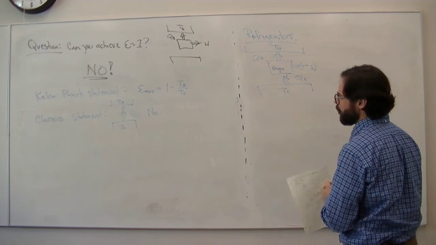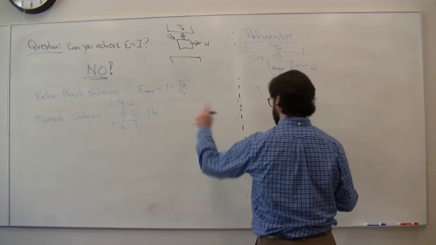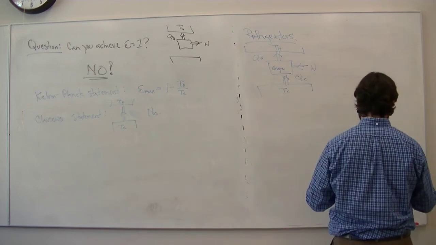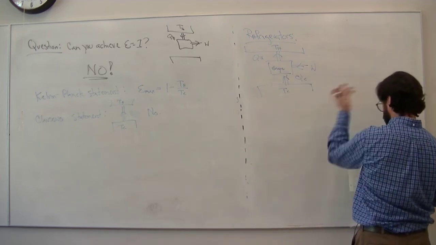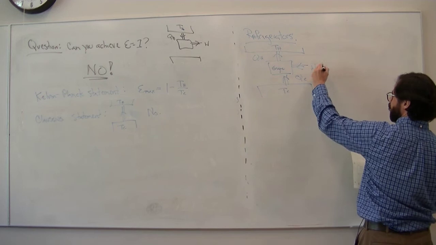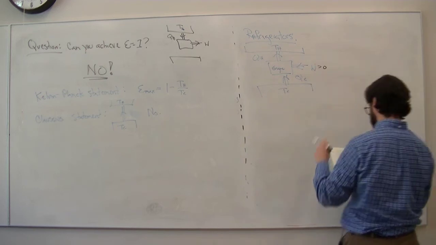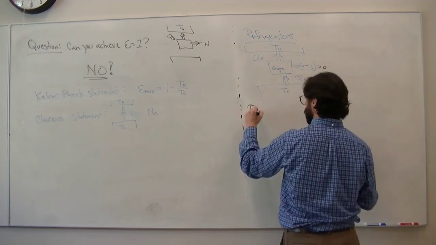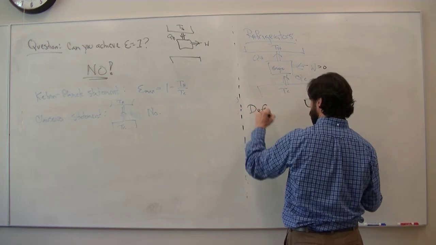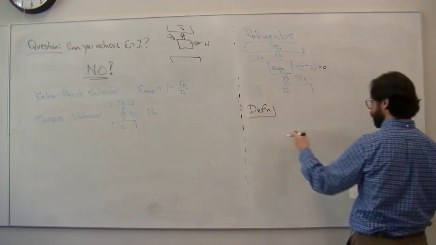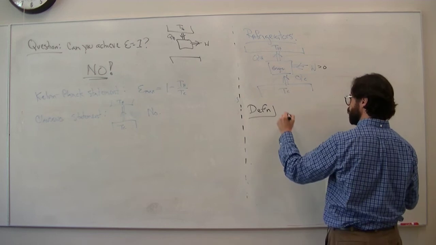So in some sense, the Clausius statement says there's no such thing as a perfect refrigerator, i.e. work has got to be greater than 0. So that's the second law of thermodynamics. But you probably knew that. And the only difference, again, is that we're going to define a thing called the coefficient of performance.